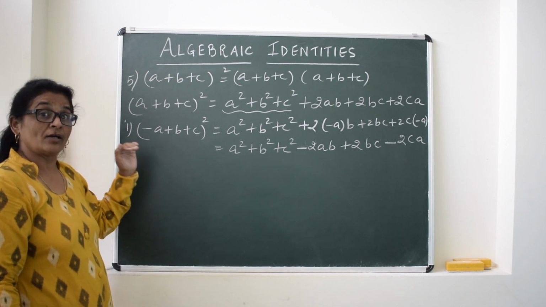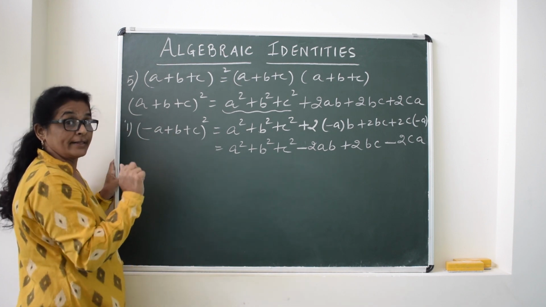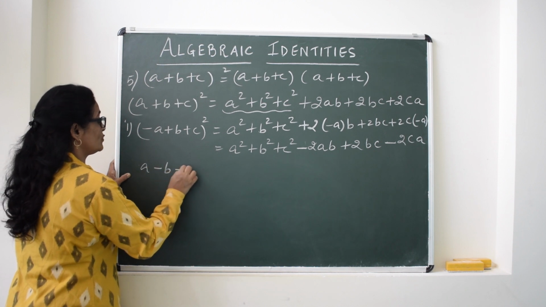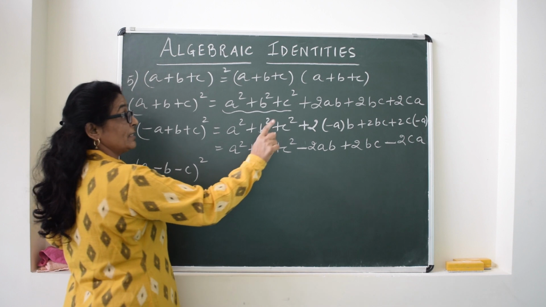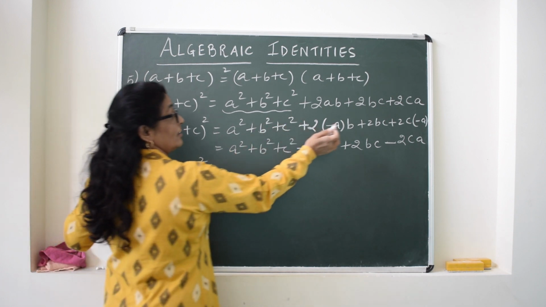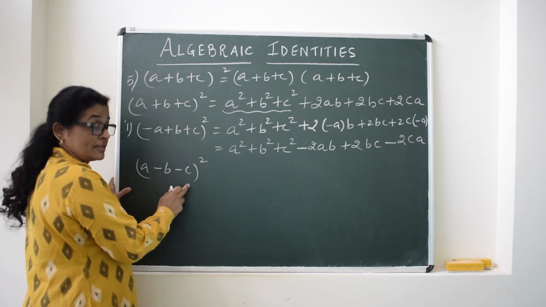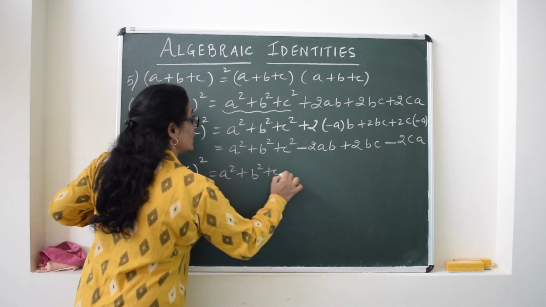Now minus a, the same type. If we take the combination, that is, if b and c both are negative, let's see the expansion. So a minus b minus c the whole square. Wherever b and c are falling, we can write in place of b and c, minus b and minus c. So let's see, this will be a square plus b square plus c square.